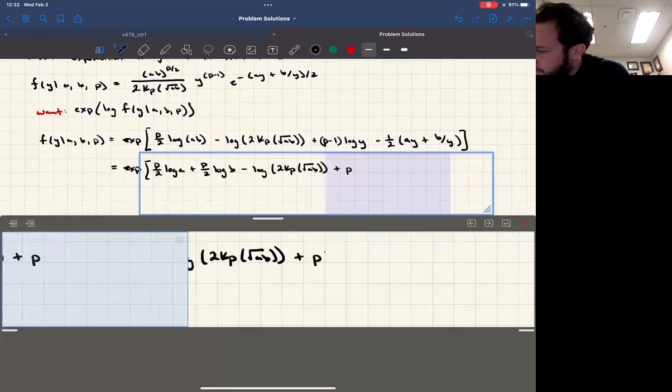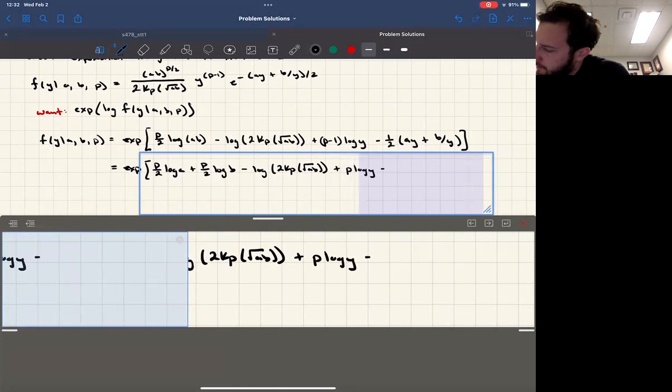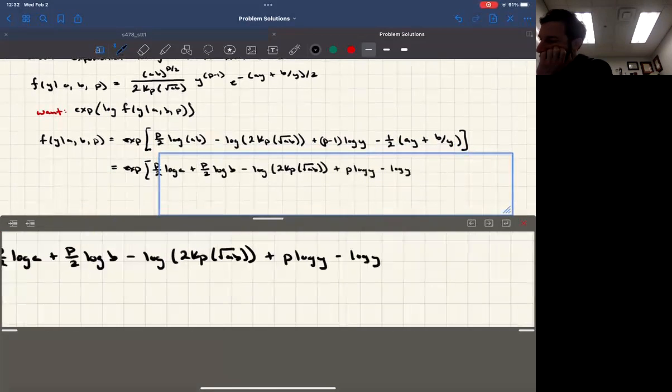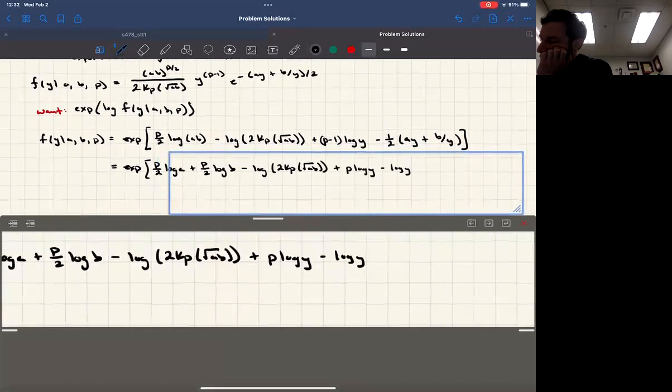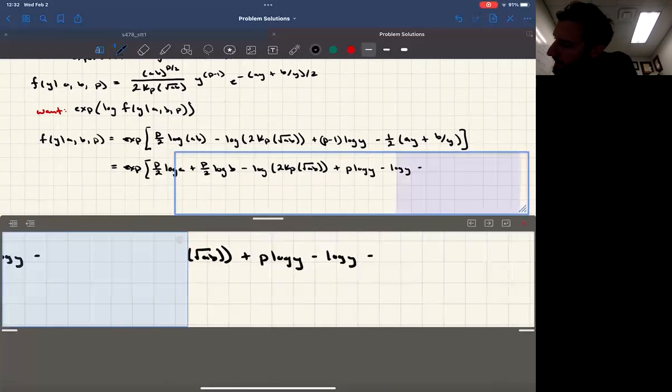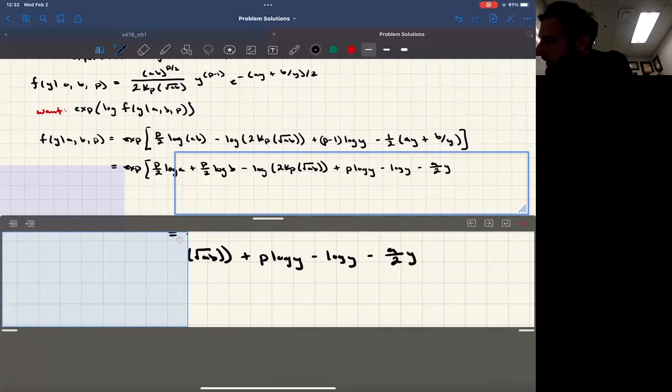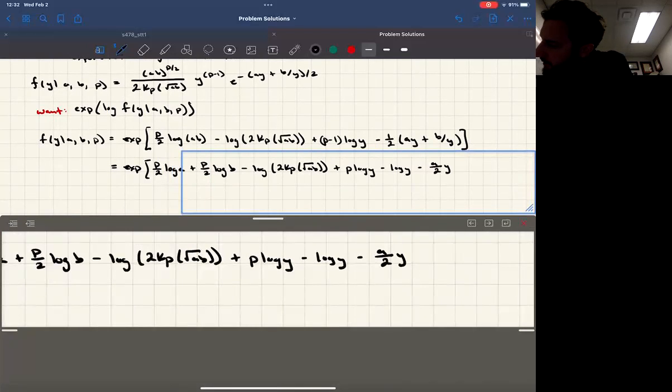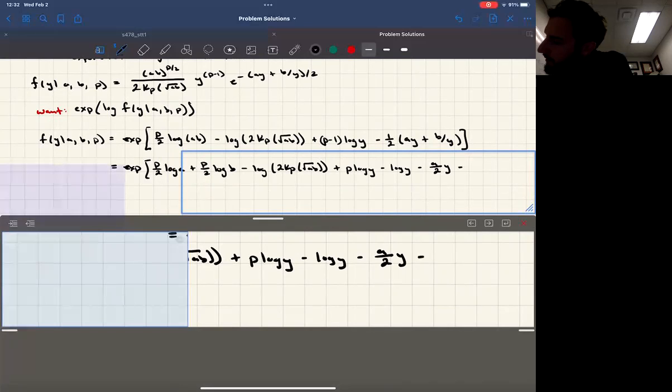Plus P log Y minus log Y, minus A Y over 2, minus B over 2Y.